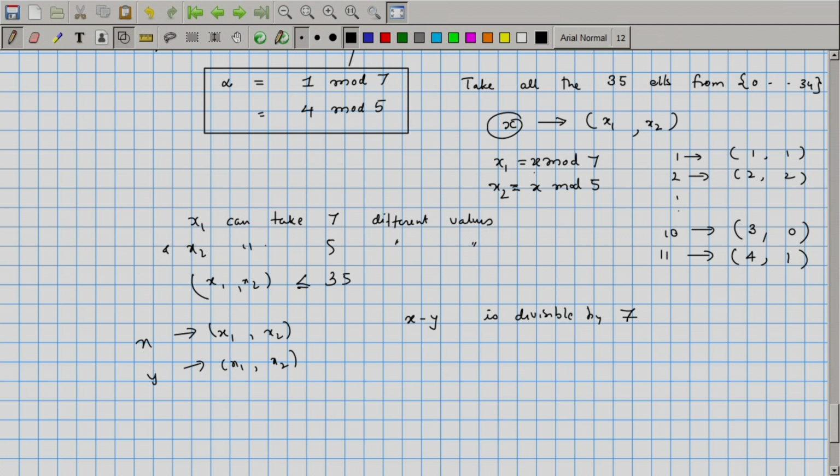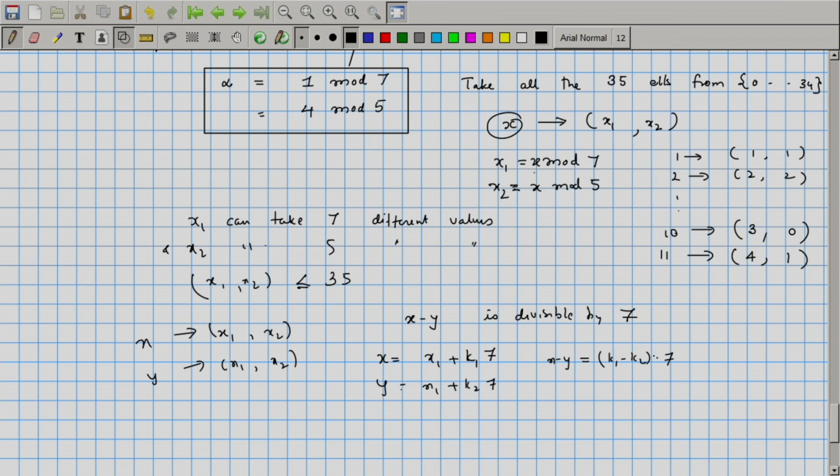So, x minus y should not leave any remainder, okay, because x is equal to x1 plus k1 times 7 and y is equal to x1 plus k2 times 7. So, if you take the difference, x minus y is equal to (k1 minus k2) times 7. Okay. So, we can argue that x minus y is divisible by 7, and we can also argue in the exact same way that x minus y is divisible by 5.